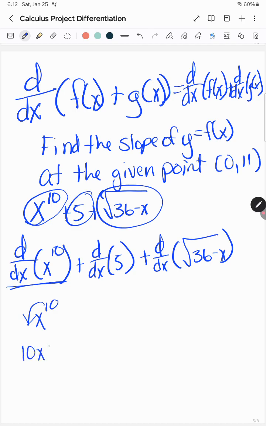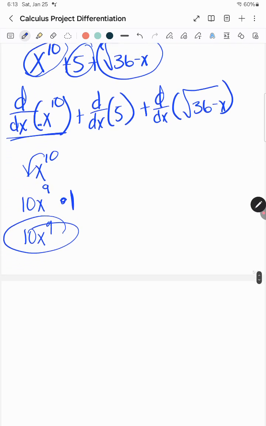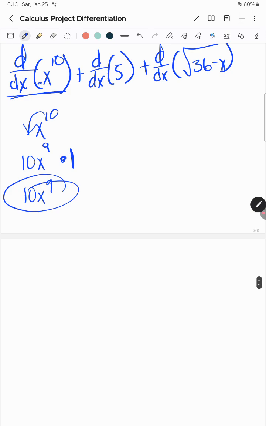It becomes 10x. 10 minus 1 is 9. So 10x raised to the 9th. And we're going to multiply that by the derivative of the inside. The inside is x to the 10th. Our leading coefficient on that x is a 1, so it's going to be times 1, which is pretty easy. So we get 10x raised to the 9th as our derivative for that first term.